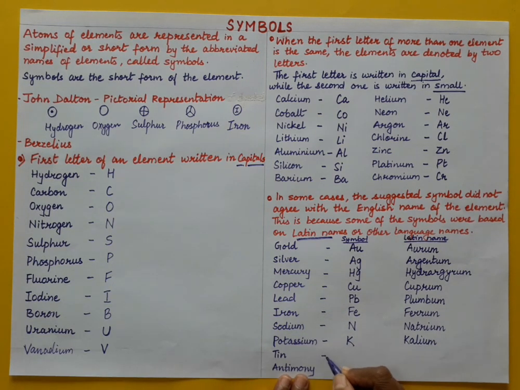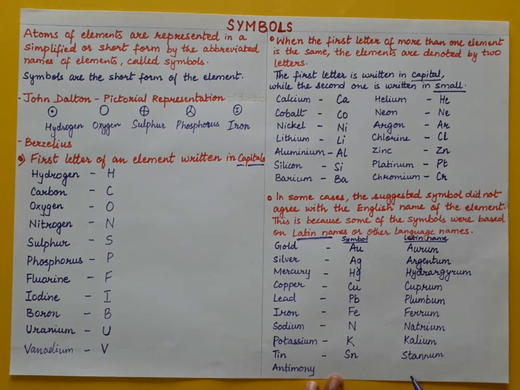And tin, the Latin name is stannum, and here Sn was taken as the tin symbol. Antimony's Latin name is stibium, so Sb was taken. So this is the way in which the symbols were decided, and these are most of the common symbols already here.